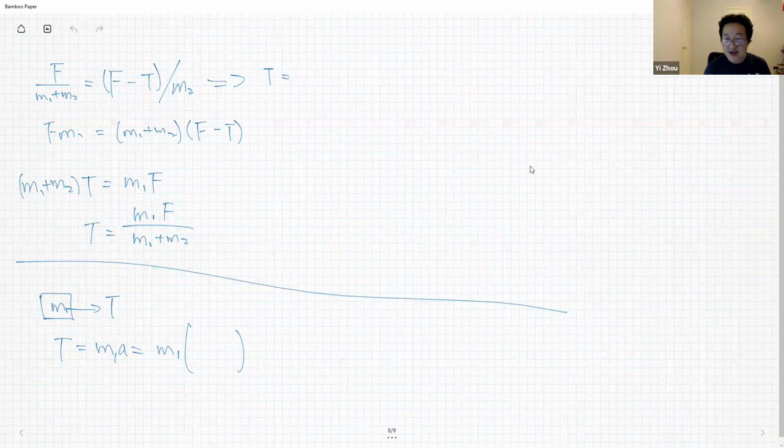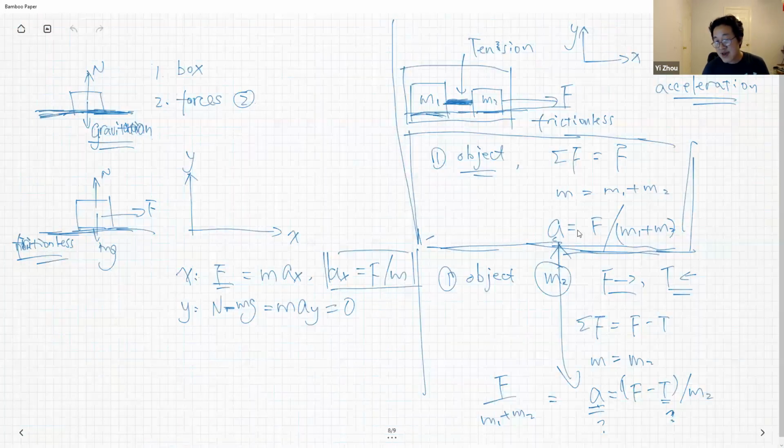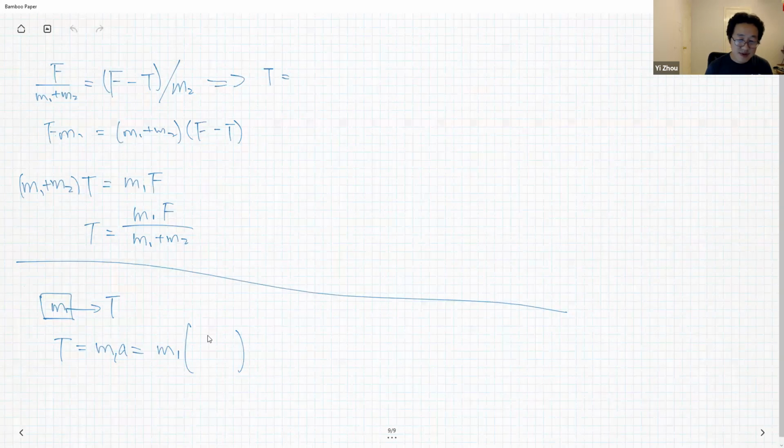We already found A to be F divided by M1 plus M2. So T is M1 F divided by M1 plus M2. See, we don't need to solve anything like this. We directly got this answer.